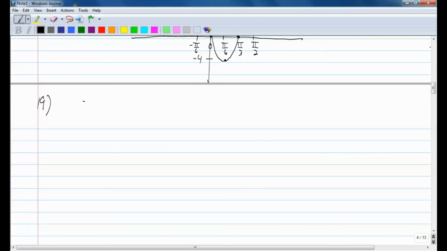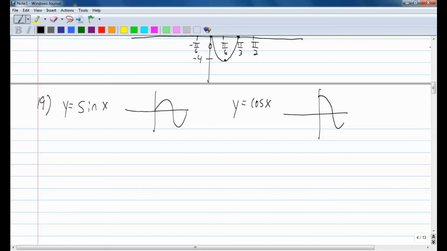So you need to know that the basic shape of y equals sine of x looks like this. The basic shape of y equals cosine of x looks like this. So you can match those 2 graphs up pretty quick.